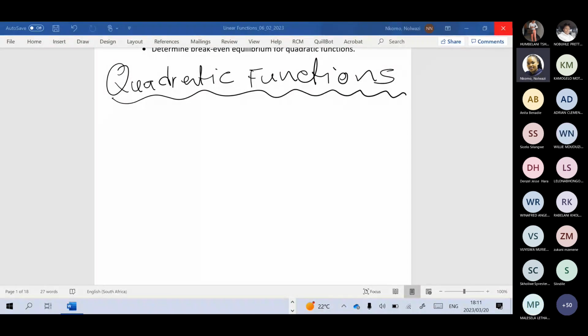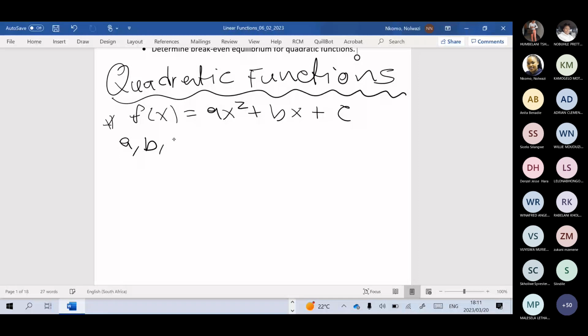The form of a quadratic equation is f(x) equals ax squared plus bx plus c, whereby a, b, and c are constants.